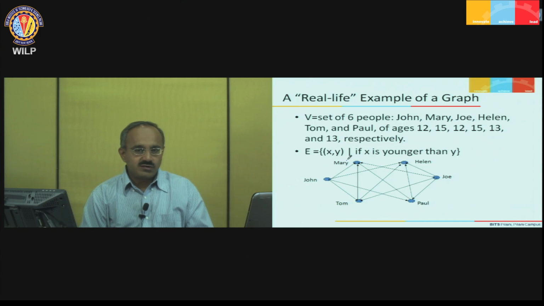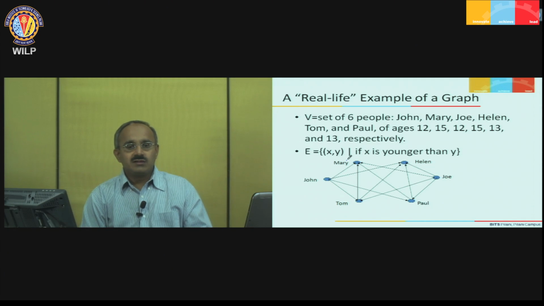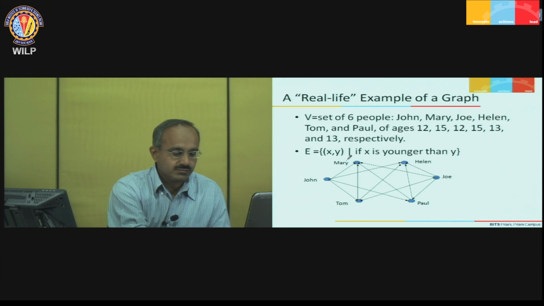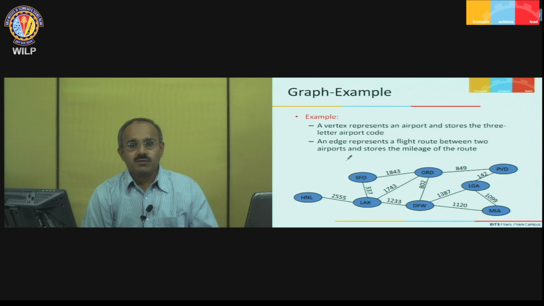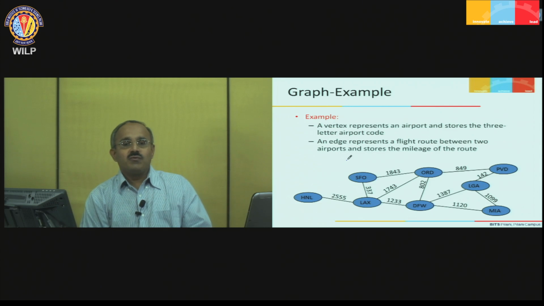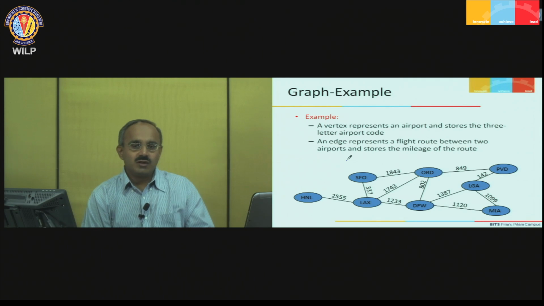If you look at this example and the earlier example, there is a subtle difference. If you look at this particular example, we see that there are no arrows for the edges. That means, if you have a route from city A to city B, then you also have a route from city B to city A, or airport B to airport A. So, this relationship is called a symmetric relationship.